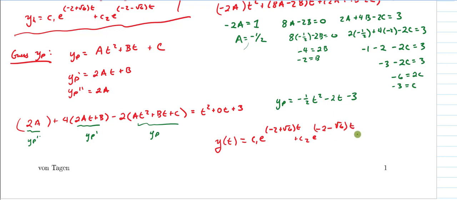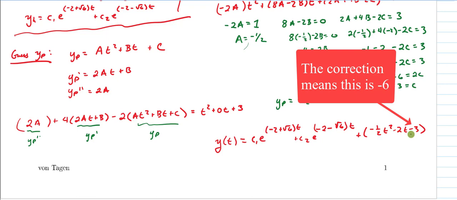And then plus our particular solution, which is this quadratic right here. So again, here we've represented it as the general solution to the corresponding homogeneous ODE, plus one particular solution to the non-homogeneous ODE, and we give our general solution this way.